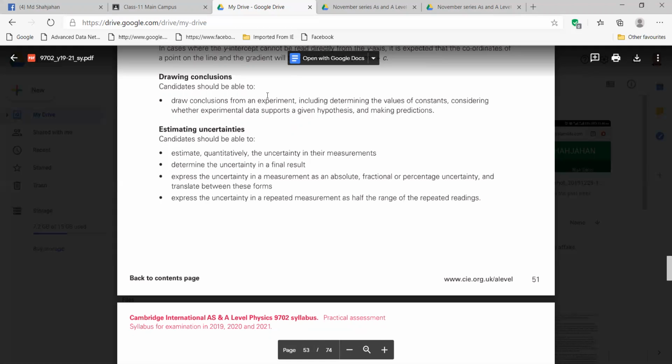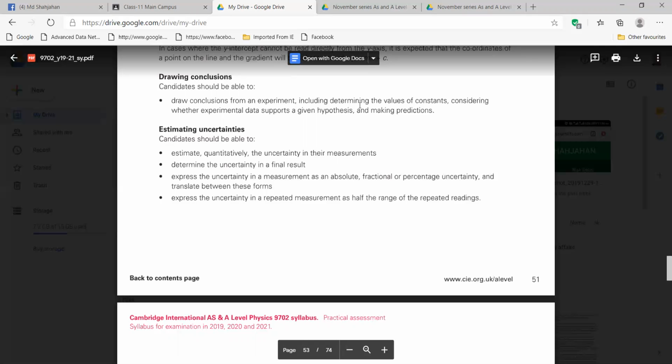Here the y-intercept is a constant, right? And the gradient for a graph is also a constant for a specific graph, isn't it?